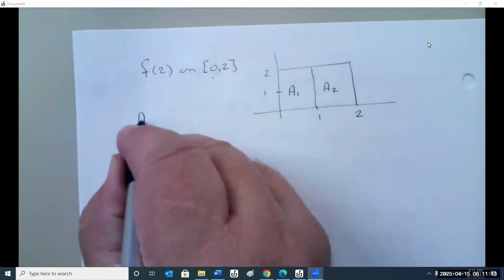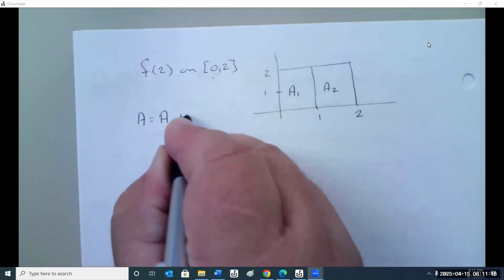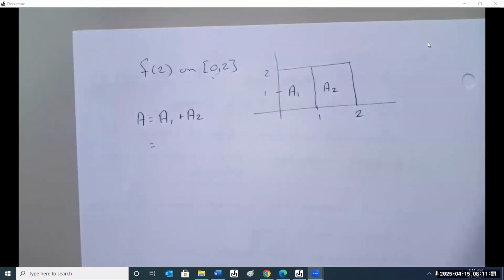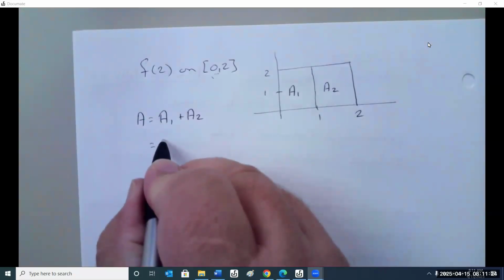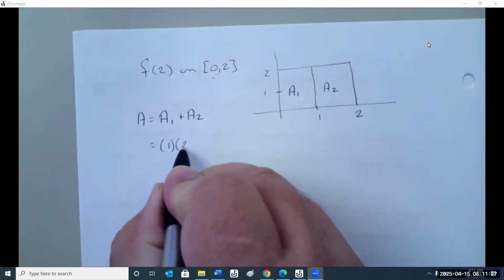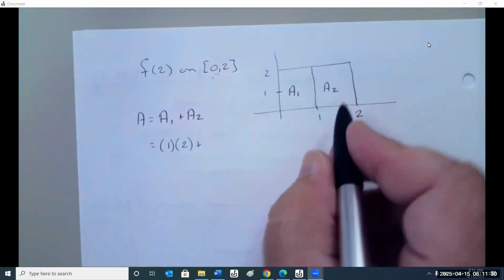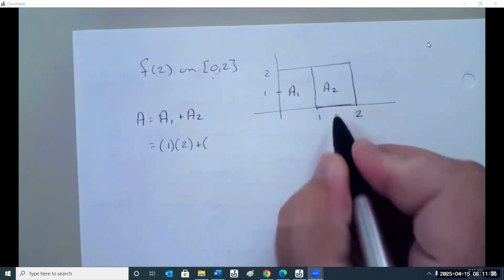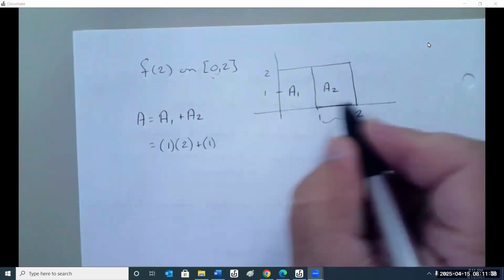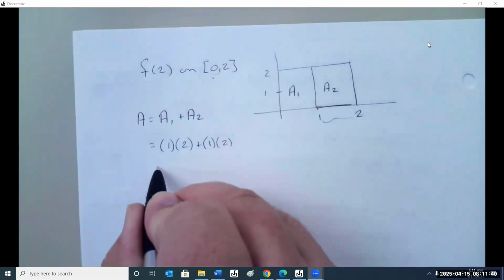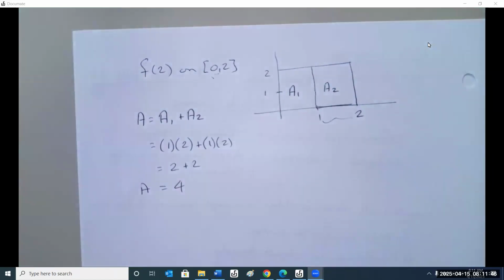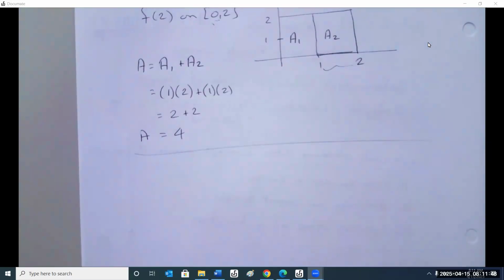So the total area is the area of the first one plus the area of the second one. The base is 1. The height is 2. What's the area of the second one? The base is 1, 1 unit from here to here, and the height is 2. So it's 2 plus 2 equals 4. The same thing. Same concept.